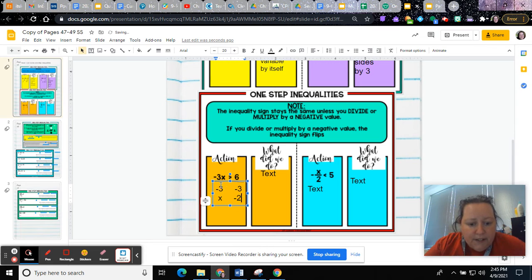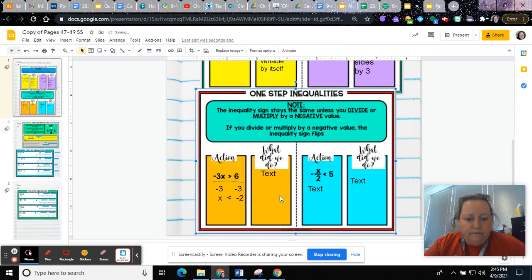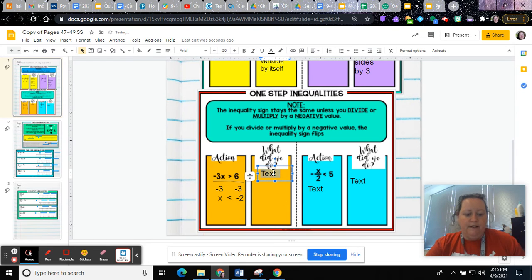But here in the middle, since you divided both sides by negative 3, you're going to flip the sign. So since it said greater than, you want it to say less than. So what did we do? Divide both sides by negative 3, and we flip the sign.